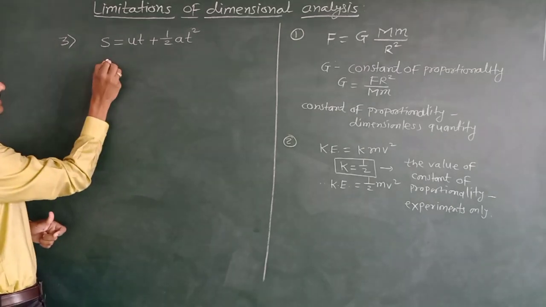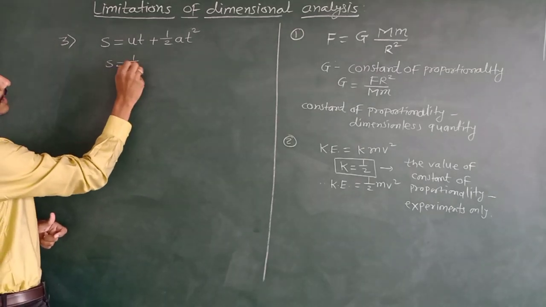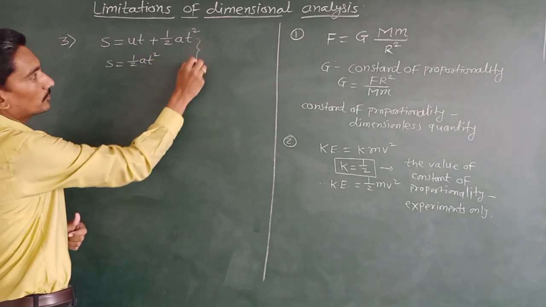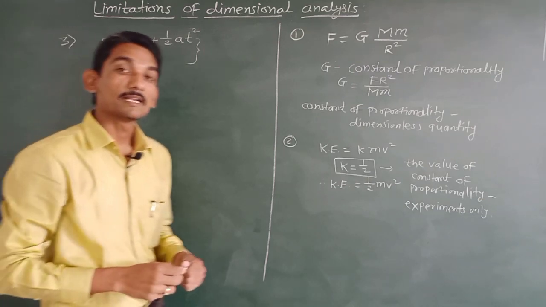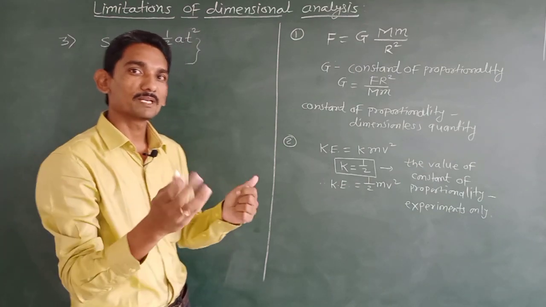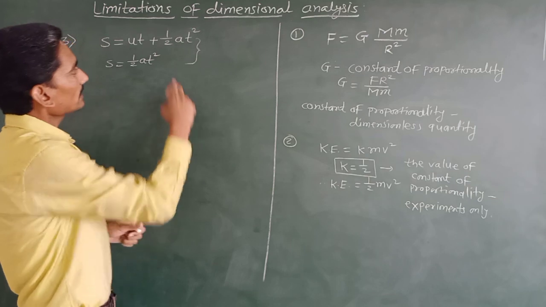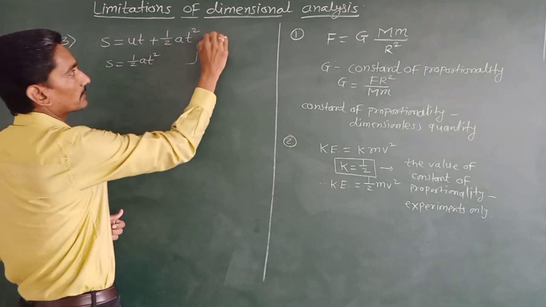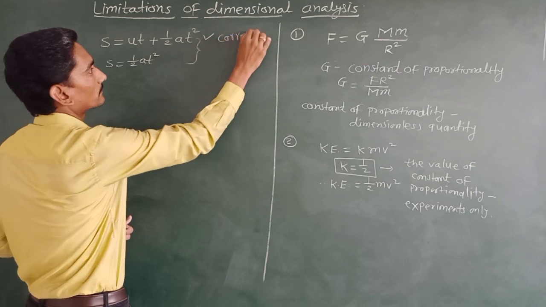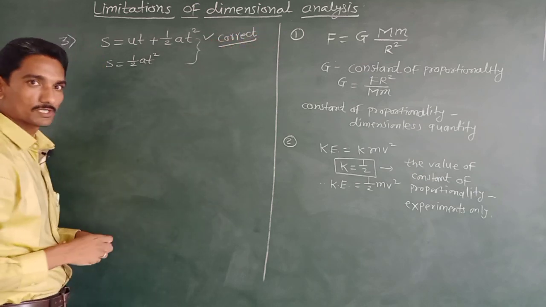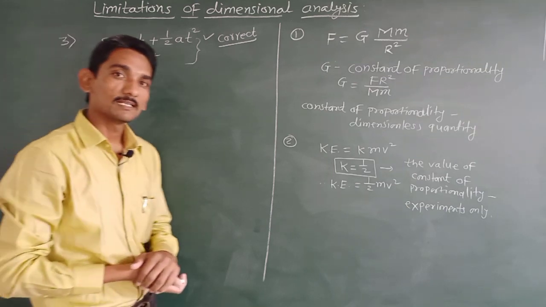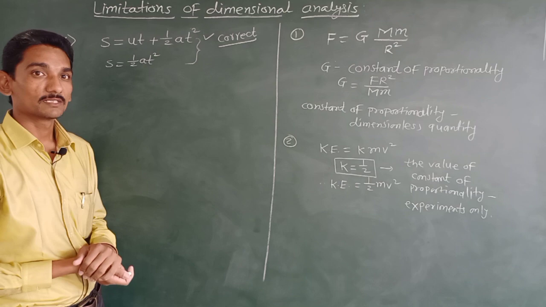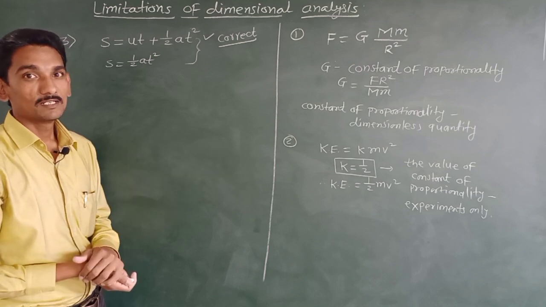But if we write s equals half a t square, then both equations are dimensionally correct. If we compare the dimensions, we can say that both equations are dimensionally correct. But we know that only the first is the correct equation. So what is the limitation?